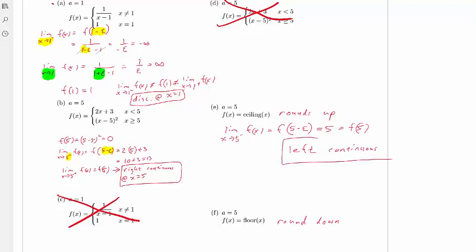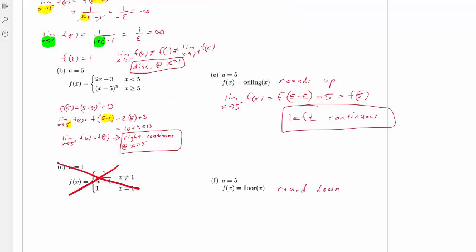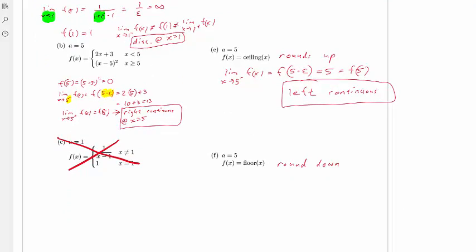And nothing else. All right, so the floor function, same thing. What is the limit as x approaches 5, only not from the left this time? Now we're going to look at it from the right, because everything's getting rounded down, remember, of f of x. And so once again, this is f of 5 plus a little bit.